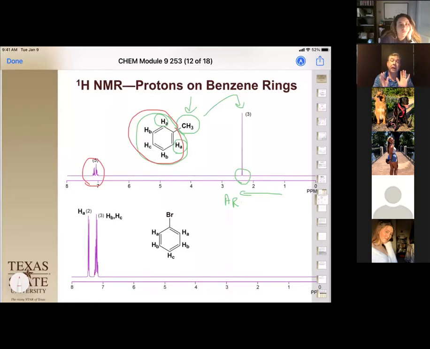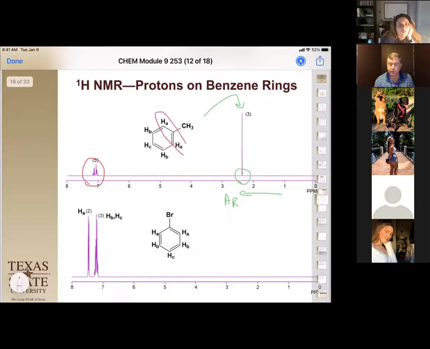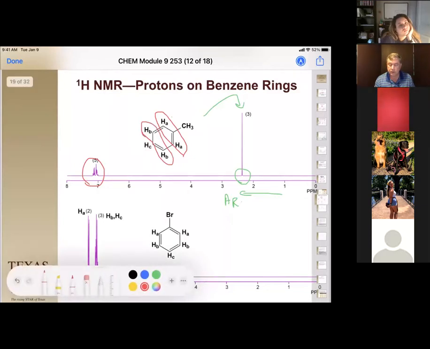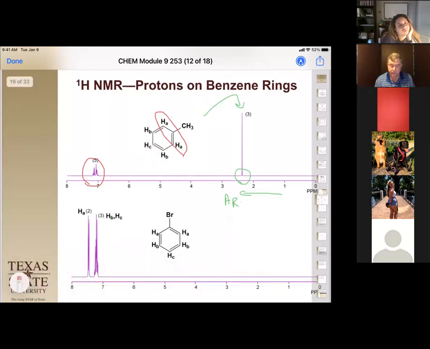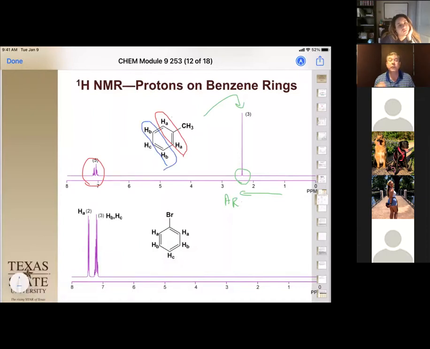But because they're not equivalent, we actually start to see splitting, okay? And what do I mean by not equivalent? Well, let's look at the structure here, okay? Just by through space interaction, these 2 hydrogens that are next to this methyl group are different than these 2 hydrogens, okay? Do we see why? Because those 2 A hydrogens are next to a methyl group, and these 2 B hydrogens are not next to a methyl group, so they're different.